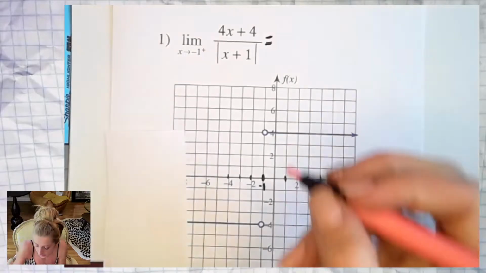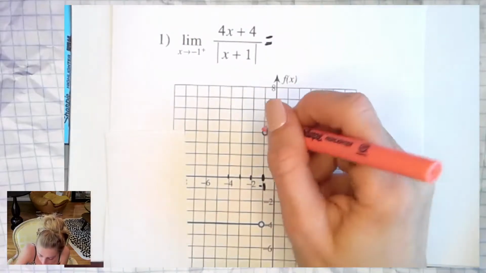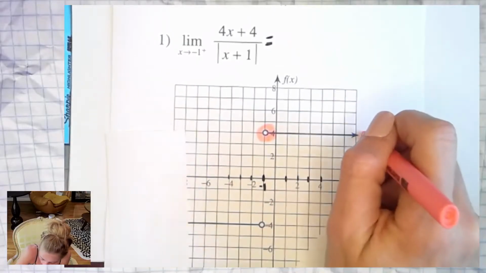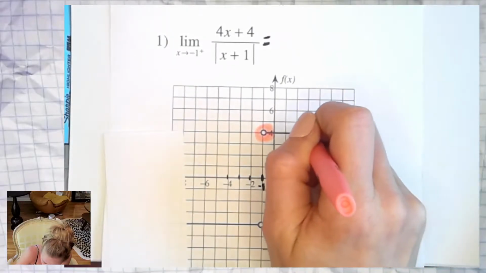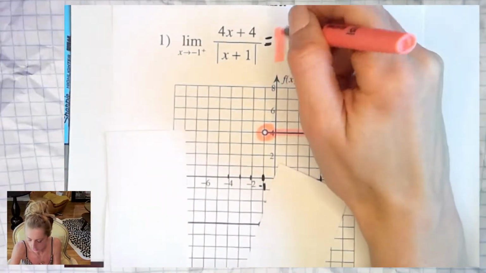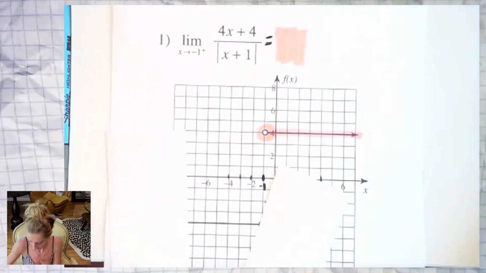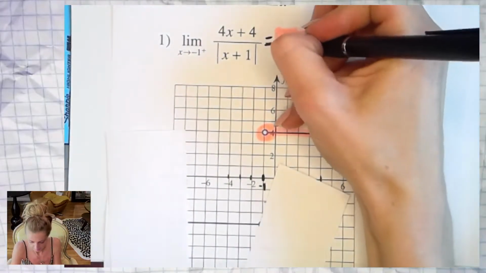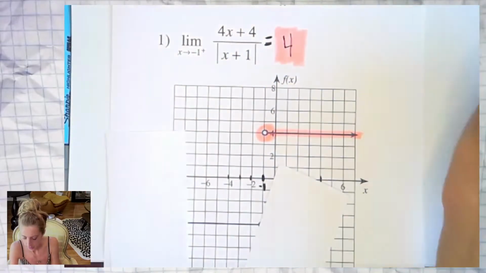Will you maybe get there? Sure, maybe, and maybe not. So what y value does it look like we're approaching for this one from the right side? So we're coming this way, this way, this way. The y value we're approaching is? Four. Yeah. Bam. Okay. So it's 4.